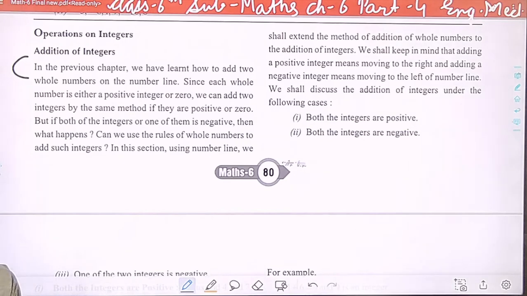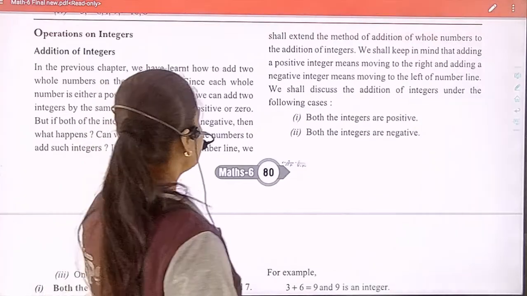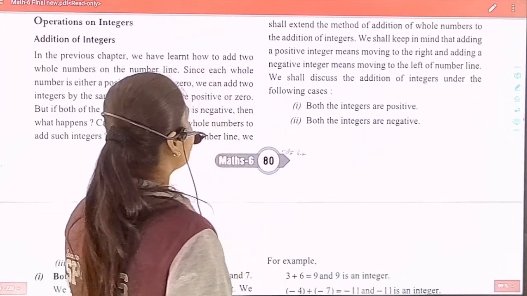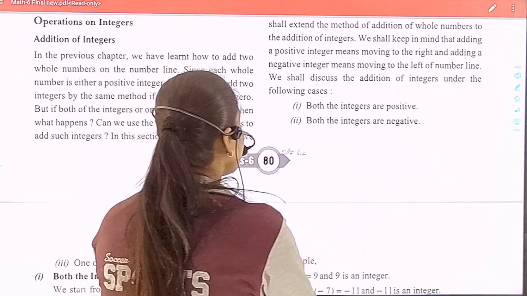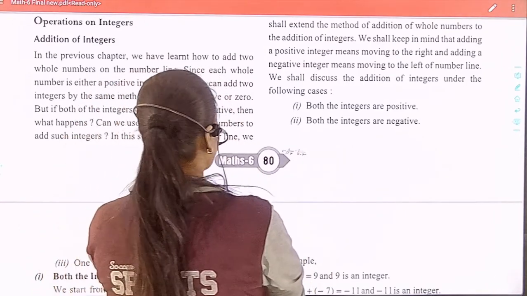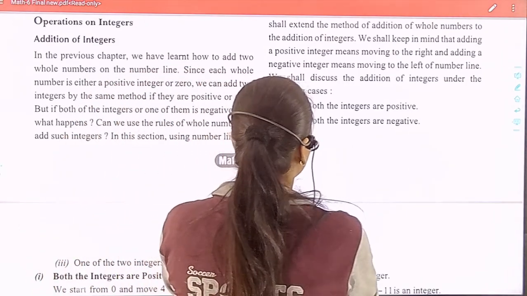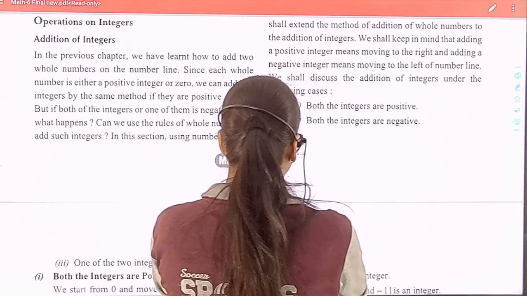Can we use the rules of whole numbers to add such integers? In this section, using the number line, we shall extend the method of addition of whole numbers to the addition of integers. We shall keep in mind that adding a positive integer means moving to the right and adding a negative integer.